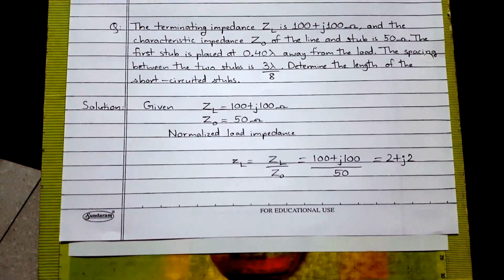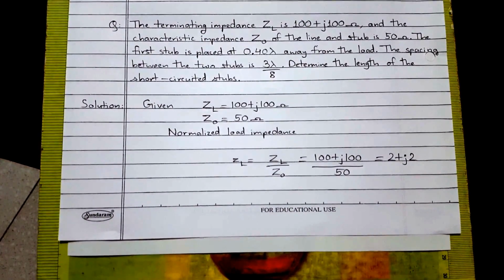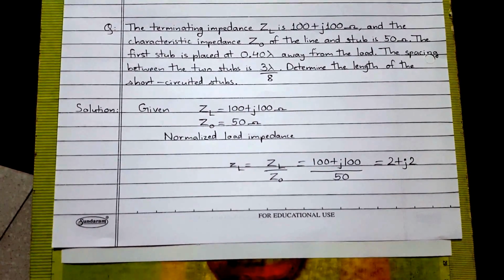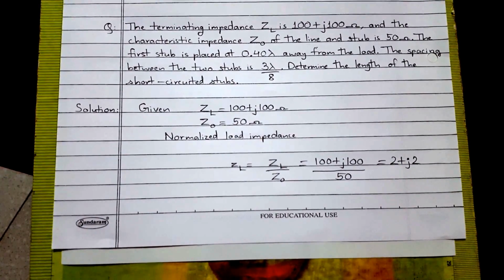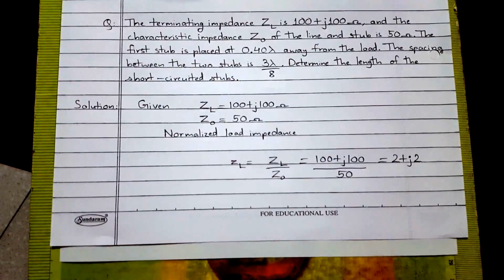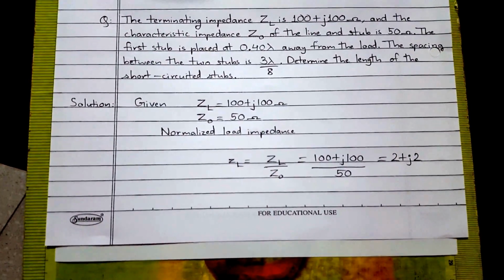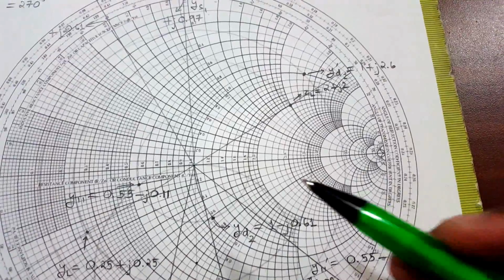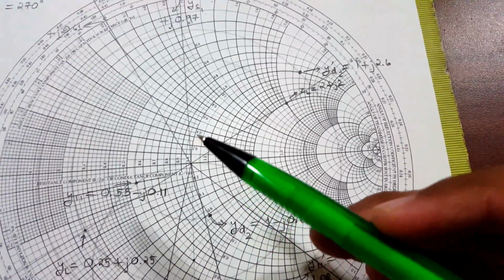This is the given question and the first step, normalizing of impedance. This is the unity gain circle.